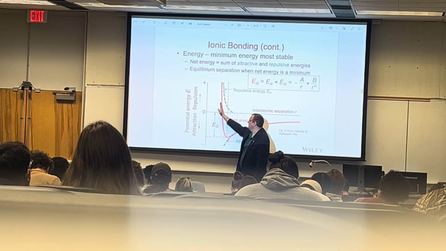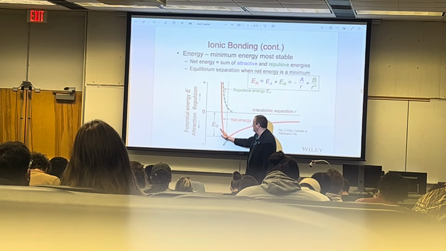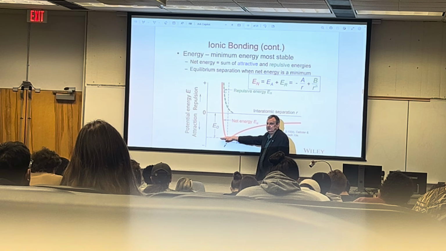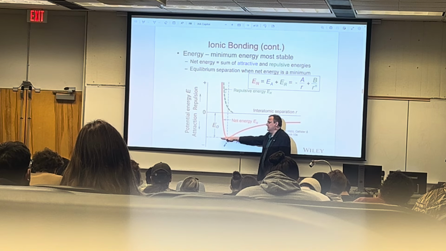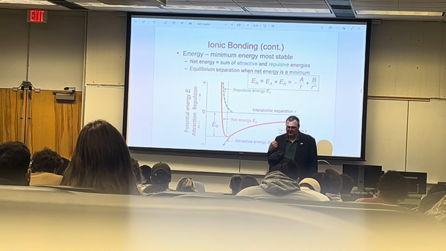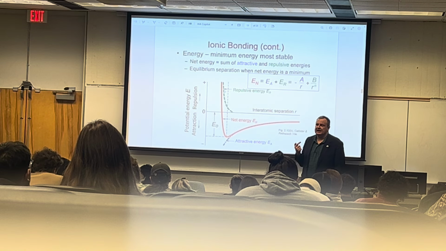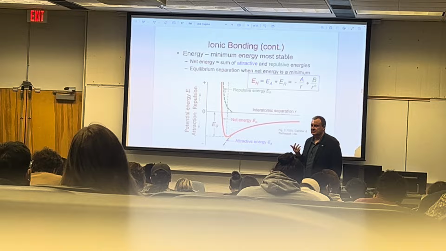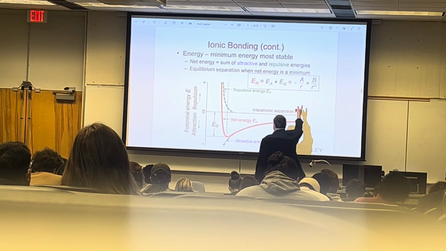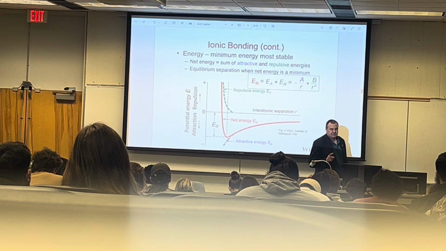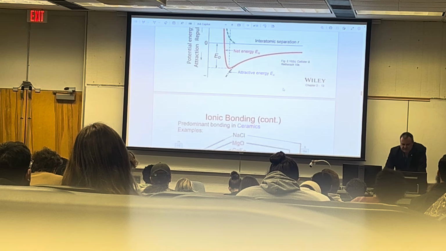I keep coming down and keep changing the slope. And over here, what is the slope? 0. You learned this in which course? If you take a derivative of a function and set it to 0, that allows you to find the minimum and the maximum of a function, right? So for this equation, we need to differentiate it and set it to 0 to find this point, which is going to determine the equilibrium interatomic spacing.